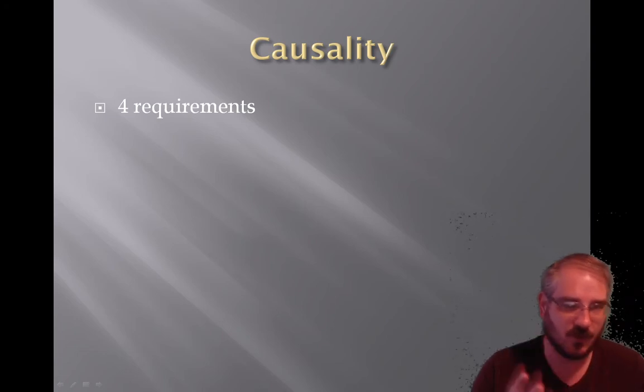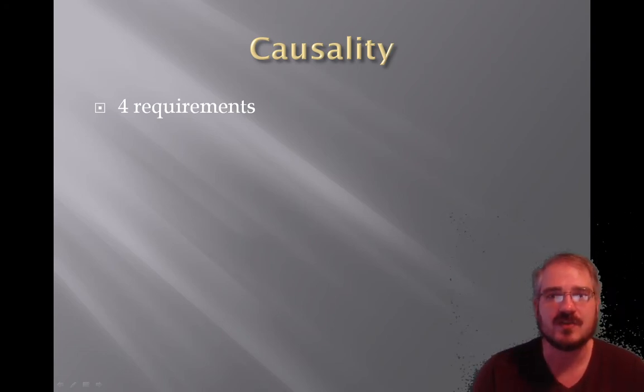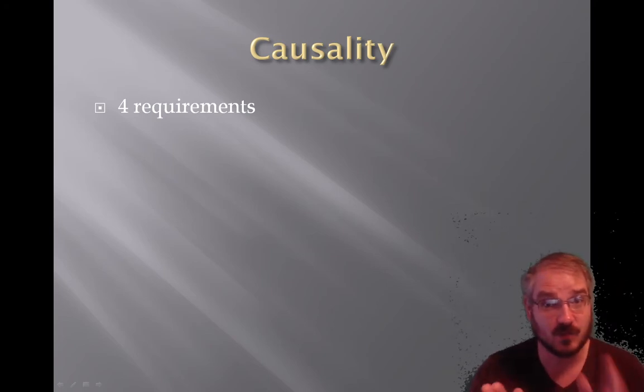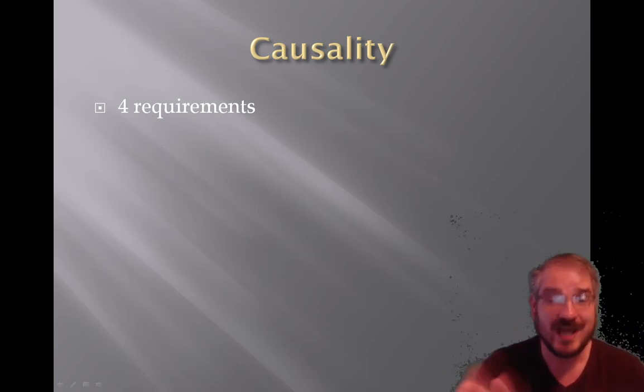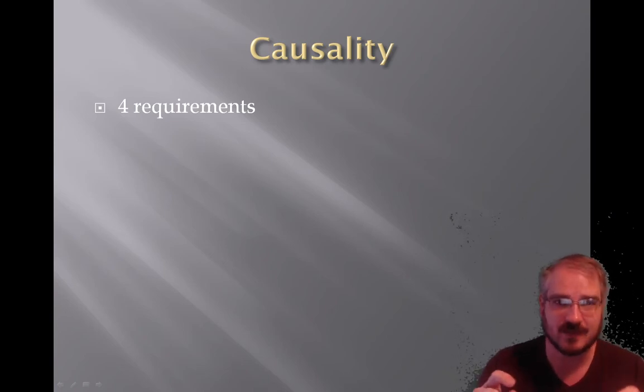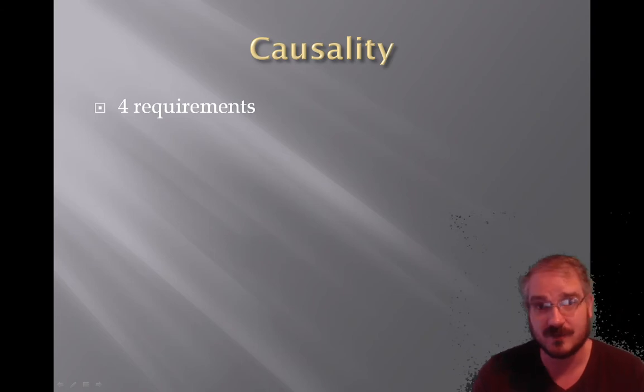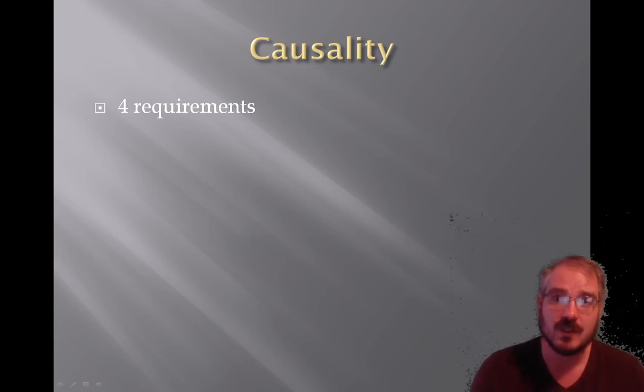Those 4 requirements. The first is correlation. If we want to say x causes y, a change in x, either up or down, has to have some kind of effect on y, up or down. Now, I'm hoping you have heard the fairly common phrase, correlation is not causation. That's true.